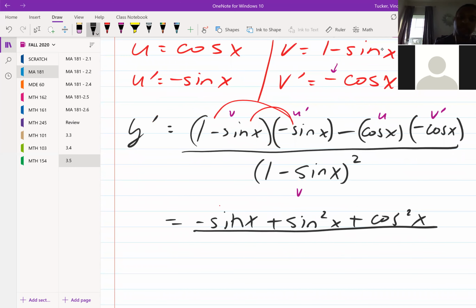That's 1 minus sine squared, still on bottom. So I'm not going to expand that binomial distribution. Just going to leave that the way it is right now.